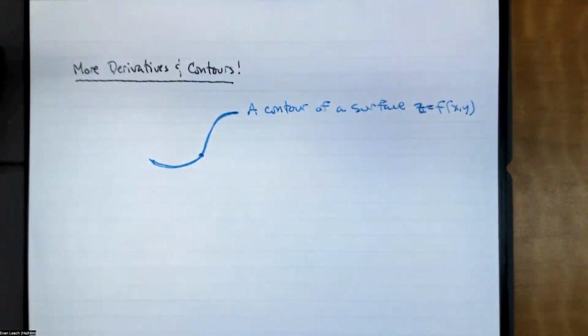Let's imagine that this is some contour of a surface. Why don't I always make my contours linear at the point that I'm interested in? Right. We do.